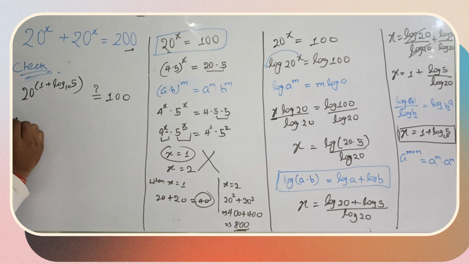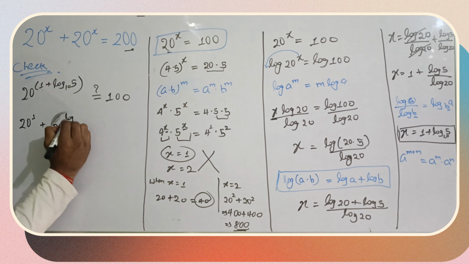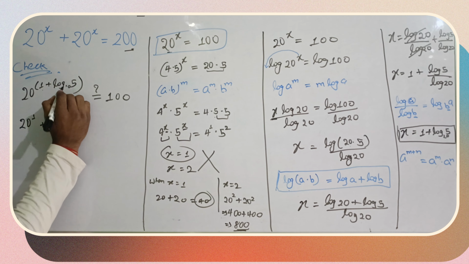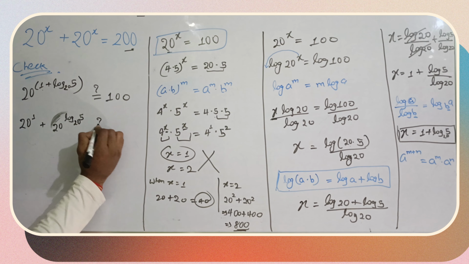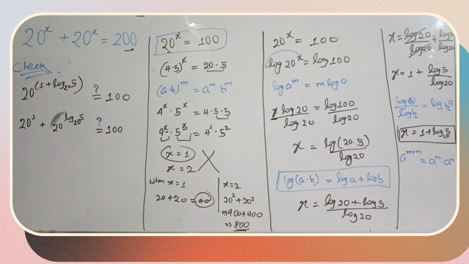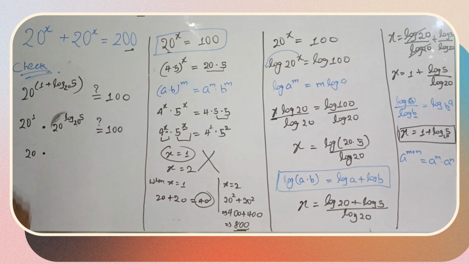So using this, here we get 20 raised to the power 1 times 20 raised to the power log 5 base 20, and we are checking, question mark, the right side 100. So 20 raised to the power 1 is 20, and times here we are going to use another property which is a raised to the power log of b base a.